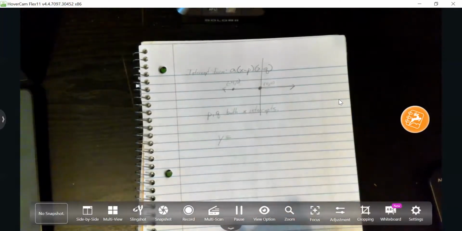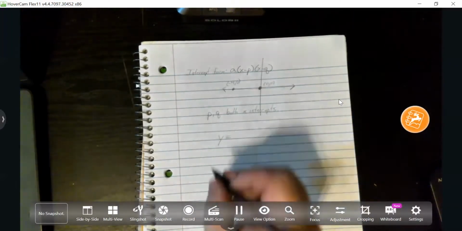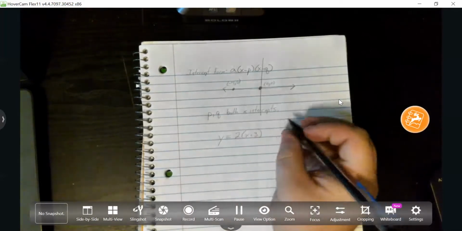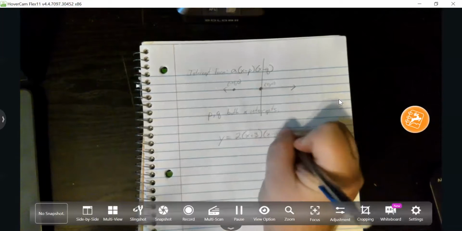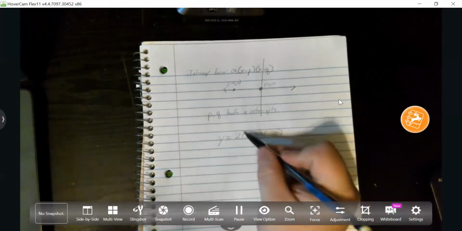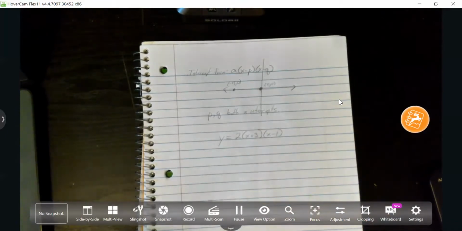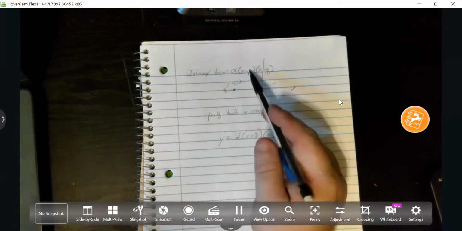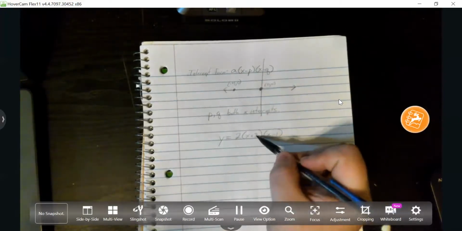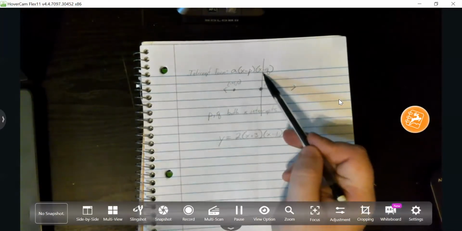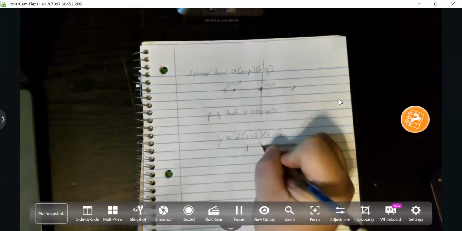Maybe they give us an equation, something like y equals 2 times (x plus 3) times (x minus 1). Okay, so we have a parabola. I know it's right side up and it's going to be narrower because we have a 2 value. Now to use the intercept form, I'm going to identify what p and q are. Notice in the intercept formula, it's a minus, just like with our h. So here my p value is negative 3.